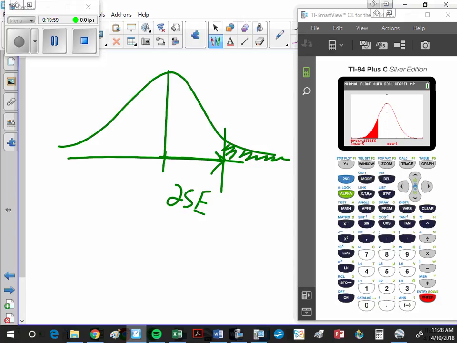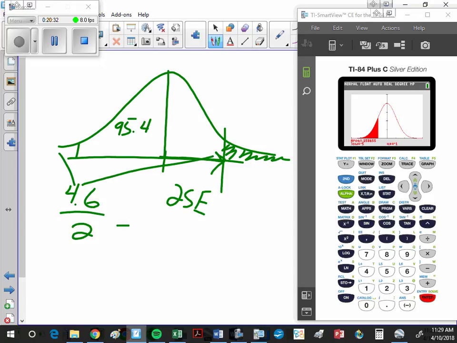So if we use the 2 SE from the chart, you get 0.954. Yeah, so if you use the chart instead of the shortcut poster, then this area is 95.4, which means that there is 4.6 in both sides.